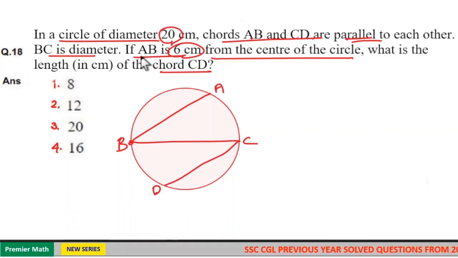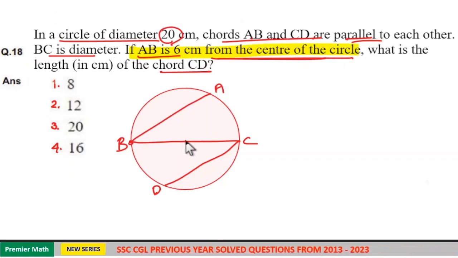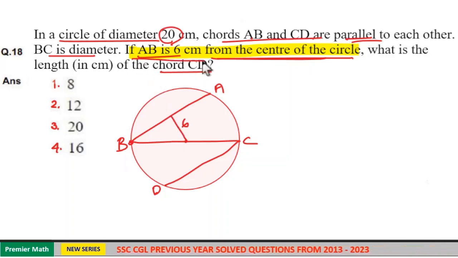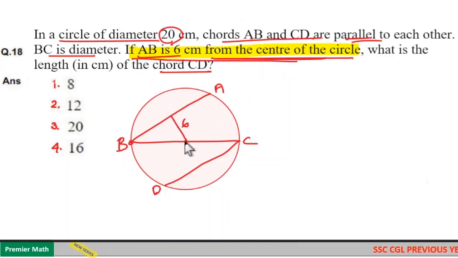And AB is 6 cm from the center of the circle means don't consider AB length as 6. It means the shortest possible distance from the center of the circle to chord AB is equal to 6 cm.